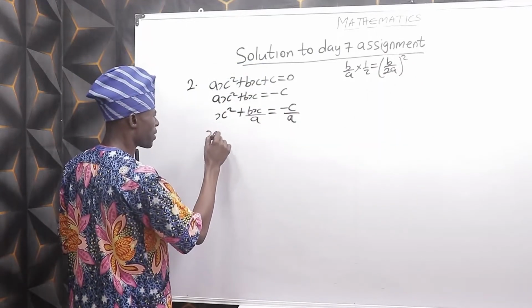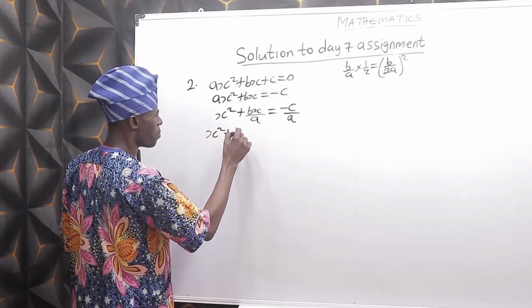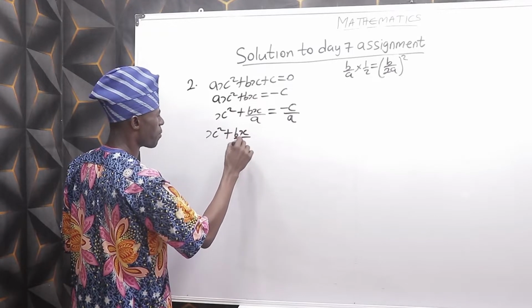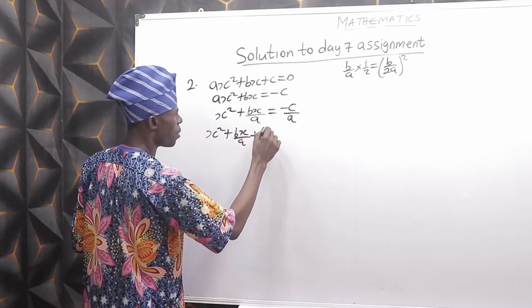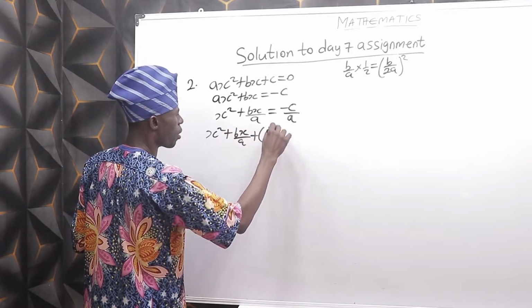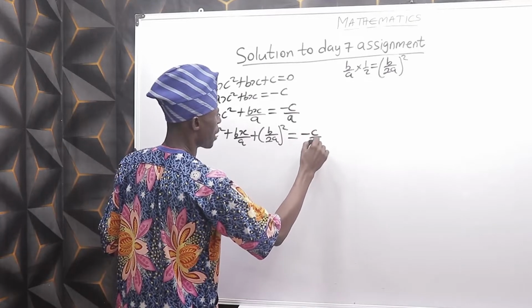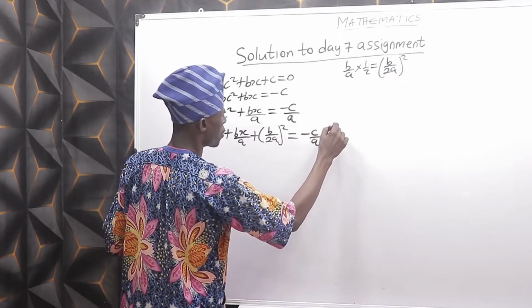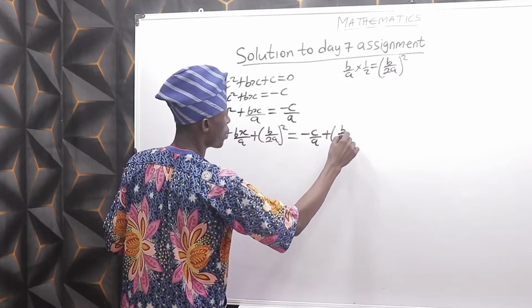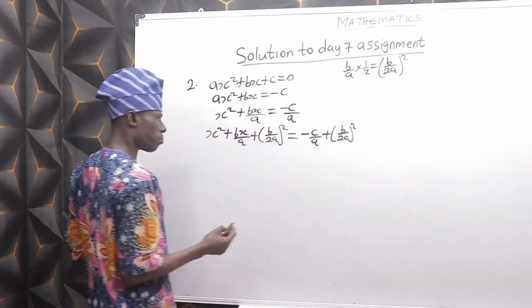So we have x squared plus bx over a plus b over 2a all squared equals minus c over a plus b over 2a all squared.